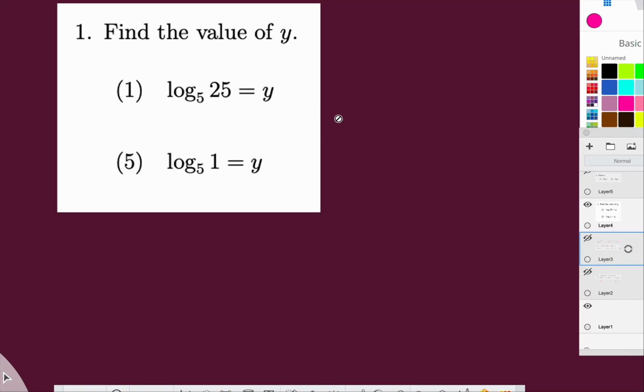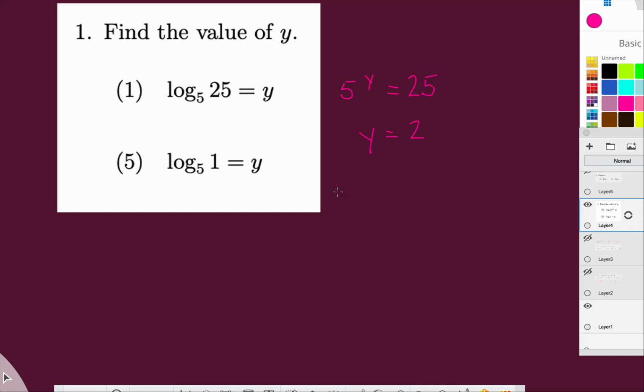Solving these was relatively simple. I said go ahead and just write it in exponential form, and we'd say that 5 to some power equals 25. Well, we know that in our heads, right? 5 squared, so y would have to equal 2.